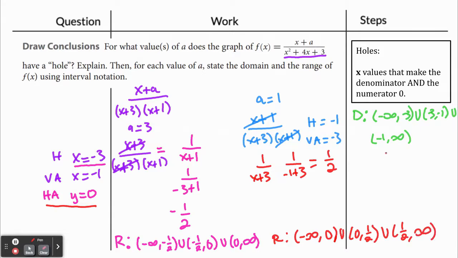And again, just to show you what this means, in this graph here, it's going to look something like this. But because we have a hole when x is equal to negative 1, we have a hole right here, meaning the y value at this point is also not there.